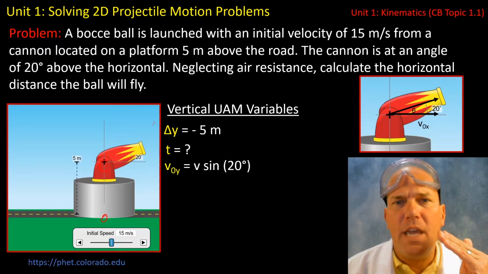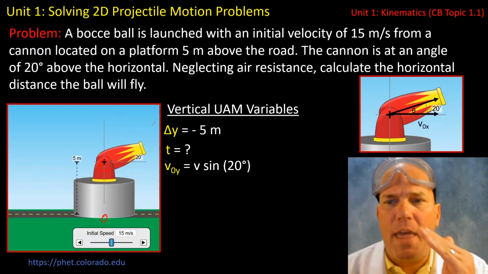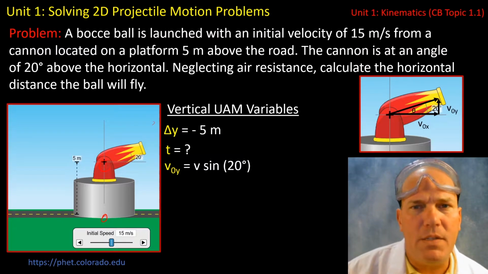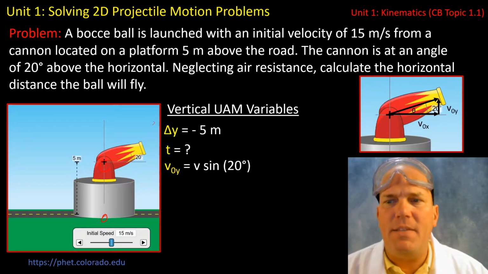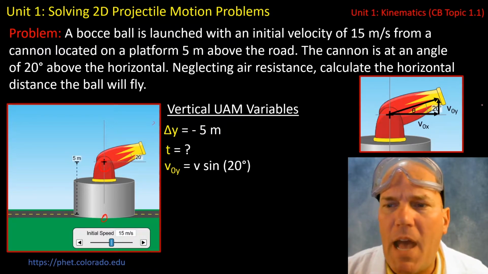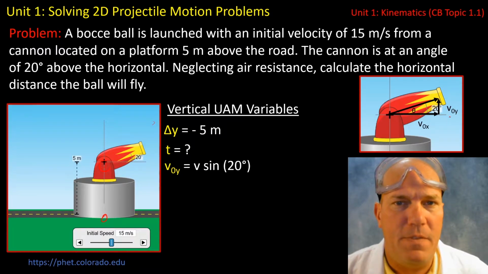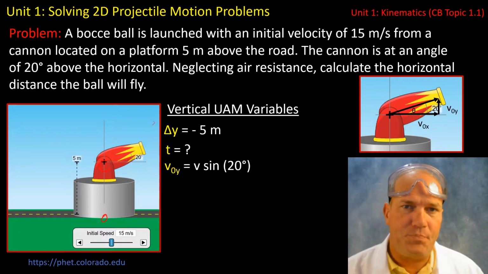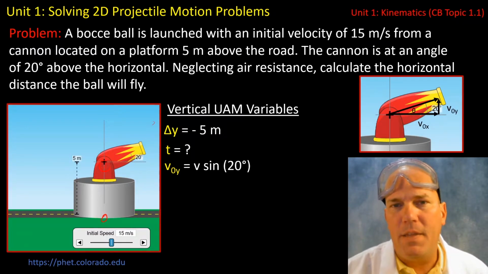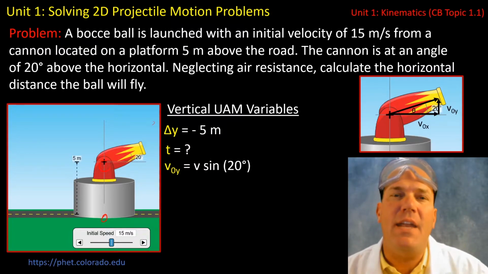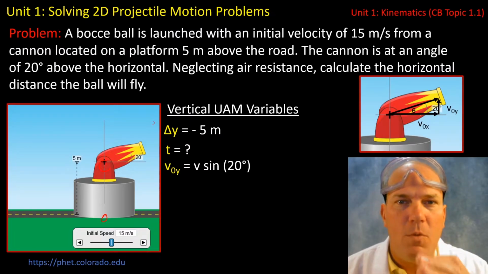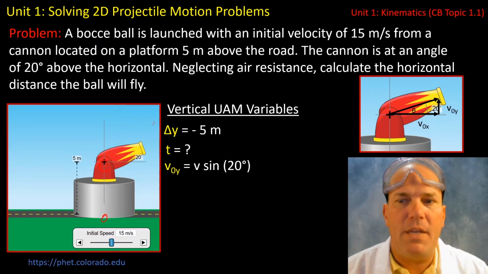Then we can look at both the X and the Y components, and if we're solving for this opposite side here, which is V naught in the Y direction, we would use the sine function and rearrange it to get V sine of 20. Again, V would be the 15 meters per second, or the hypotenuse of the right-angled triangle.